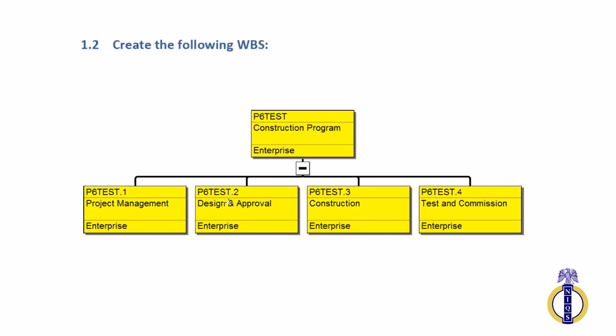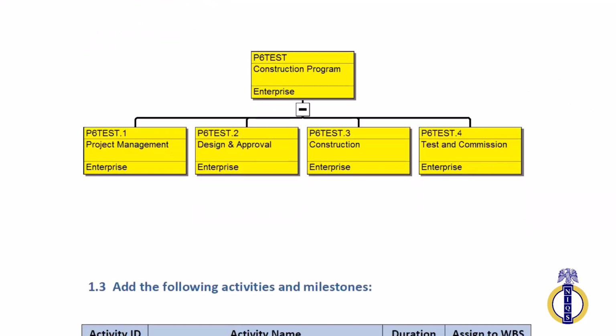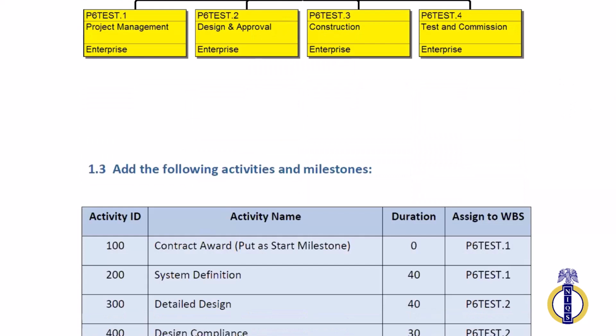P6 test point 2 is your design and approval. They are all sibling WBS. They are all on the same level. We'll be doing that and see how it pans out. So we're really going to get our hands dirty today.